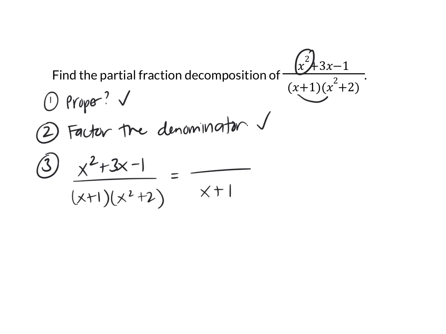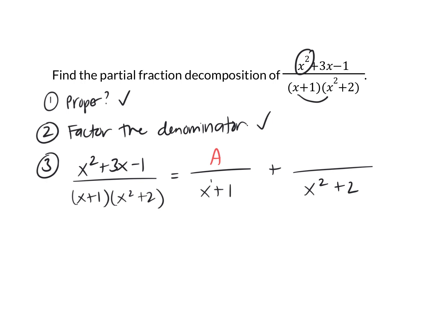I have x plus 1, and I have x squared plus 2. Now this x plus 1, is it a linear or nonlinear term? It is a linear term because it has a degree of 1 there. So I can go ahead and just put an A for the numerator of that partial fraction.